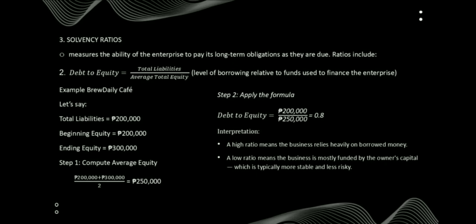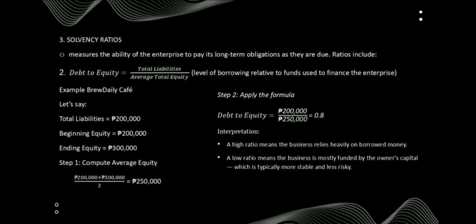First, we must compute the average equity by combining the beginning and ending equity and dividing into 2 to get 250,000 pesos. To get the debt to equity, we have to divide the 200,000 pesos liabilities to the 250,000 pesos average equity, which we got 0.8.